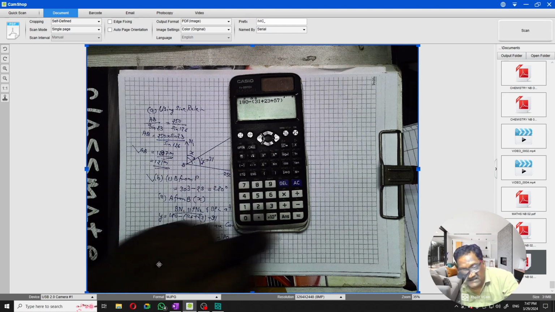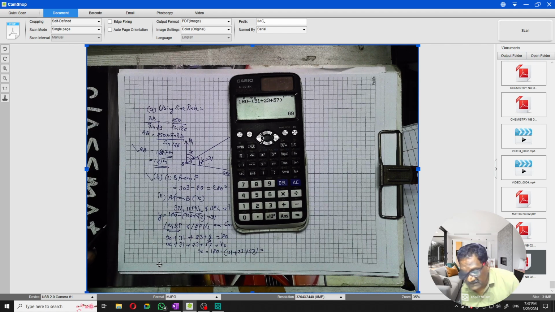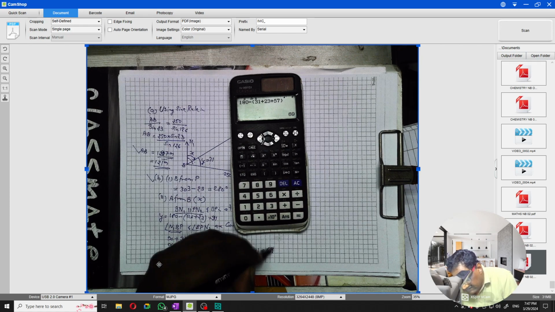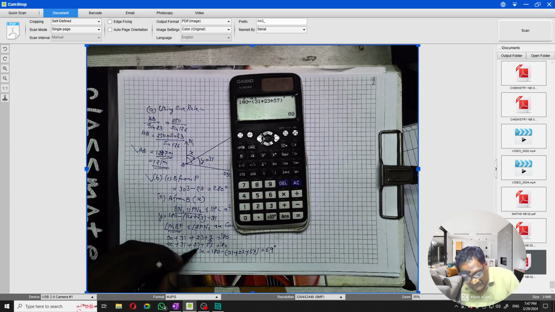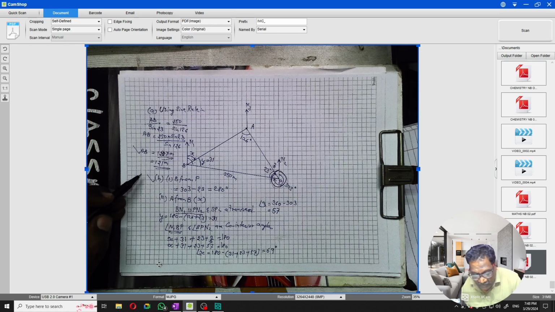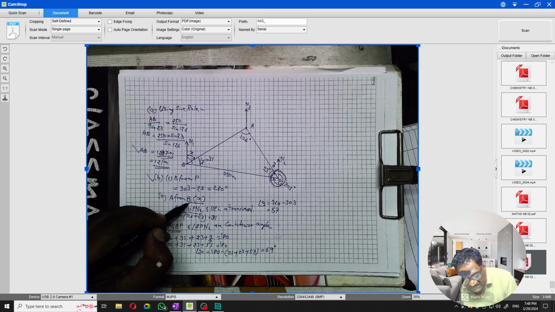Now this answer I am getting as 69. The answer I am getting is 69 degrees. So this is my angle X. Now this angle X is nothing but my bearing of A from B. We had taken this as X, A from B.